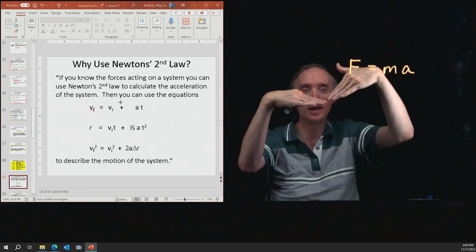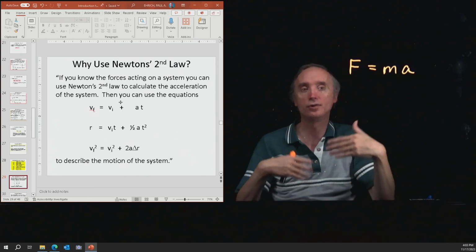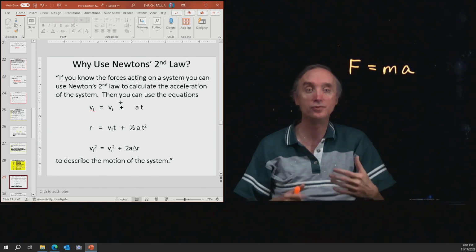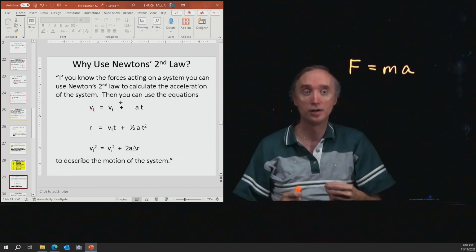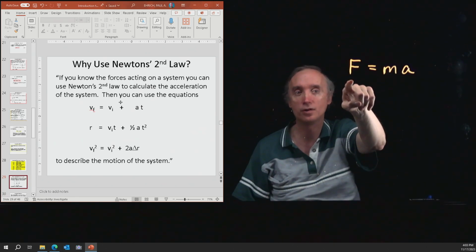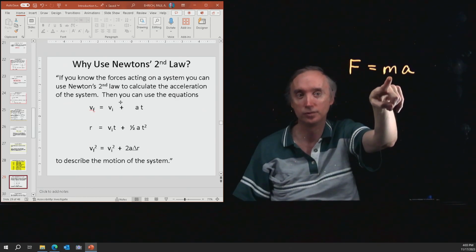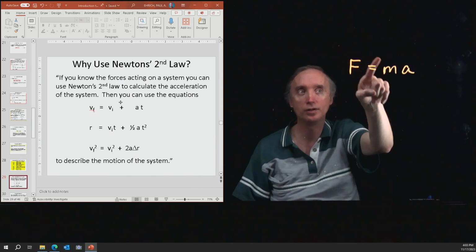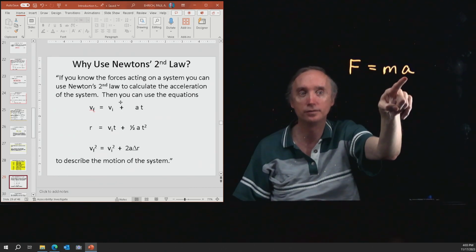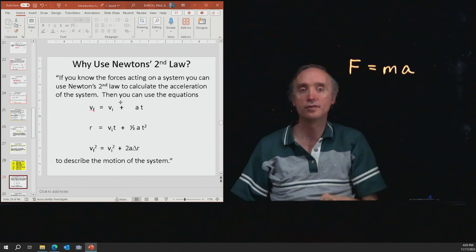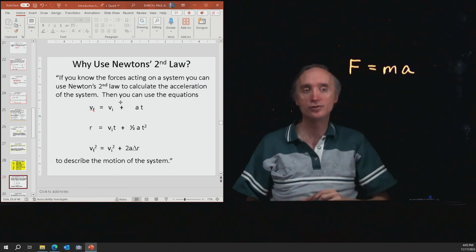If they are at an angle, we can still add the forces together using geometry. So now we would know this thing over here. We would know the mass of the system. So if we know this and we know this, we can calculate that. So then we can get the acceleration of the system.